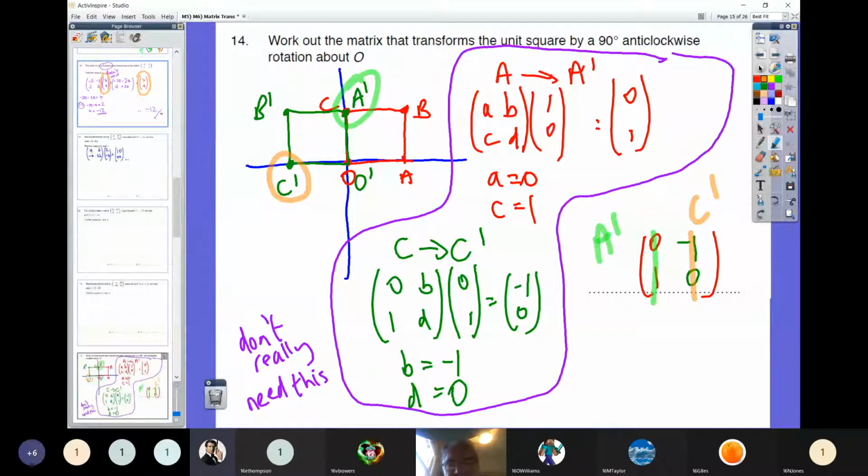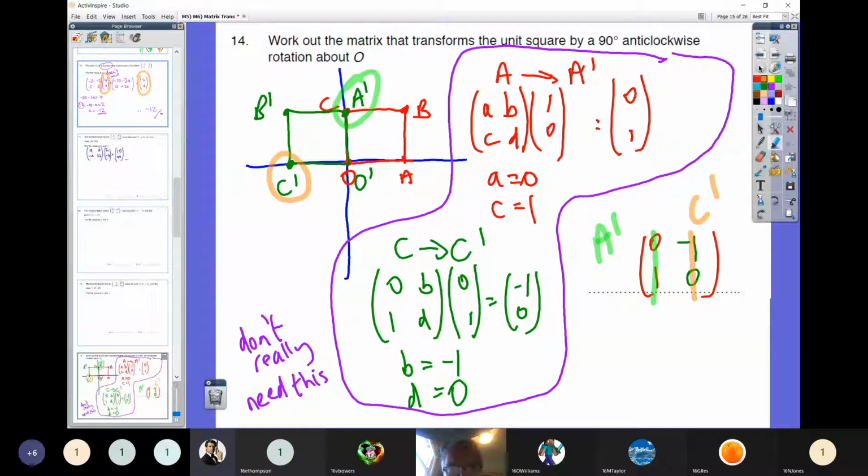So what have I done here? Work out the matrix that transforms the unit square by a 90 degrees anti-clockwise rotation. I've started off by drawing my unit square in the top left and rotating it 90 degrees about the origin. I can then see where A dash, B dash and C dash are. And then I've used my shortcut of knowing the transforming matrix.